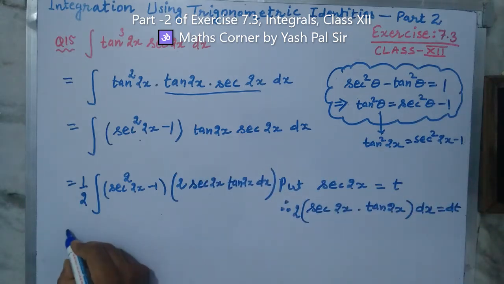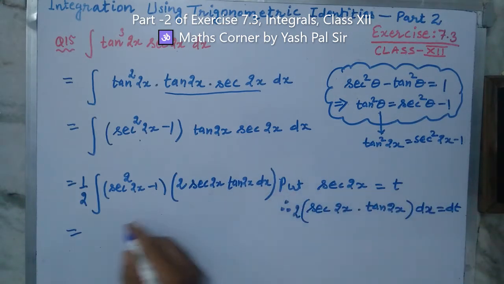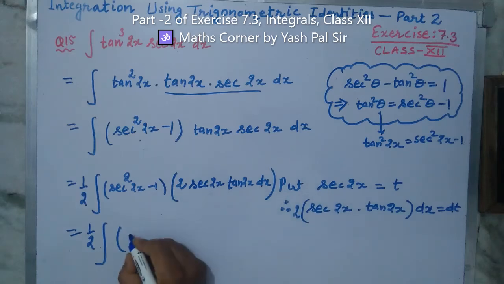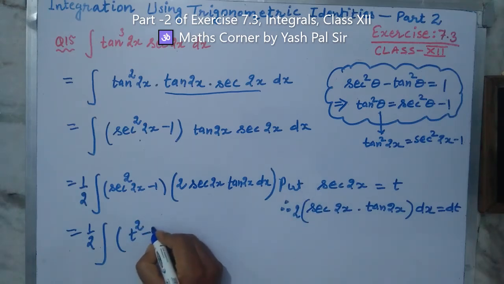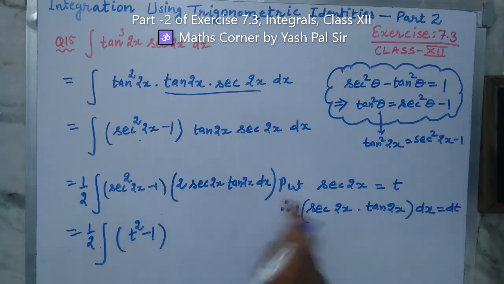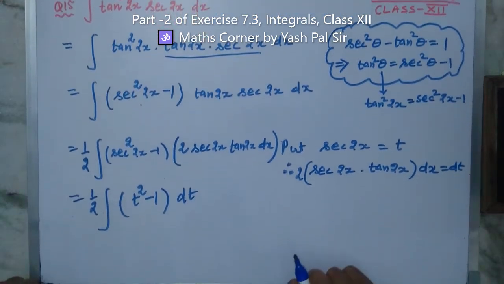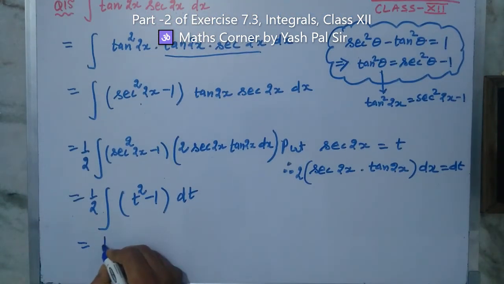Right? So now applying this rule, 1 upon 2 integration, this first bracket is now t square minus 1 and this whole becomes dt. Very easily now we can find the integration. 1 upon 2 is constant outside.